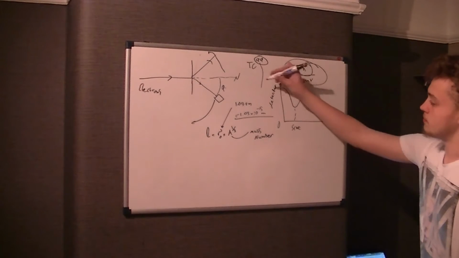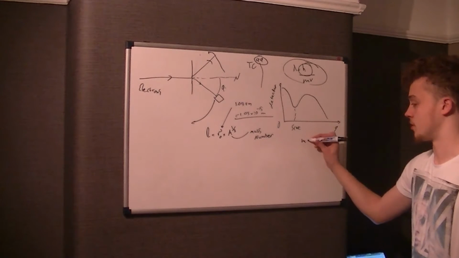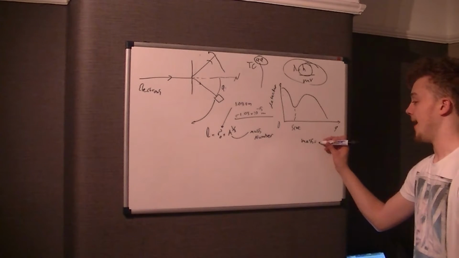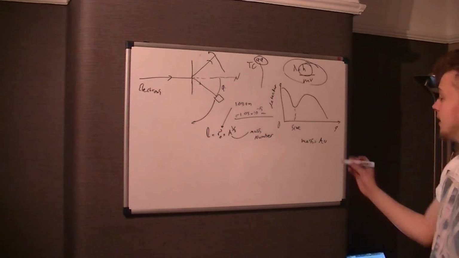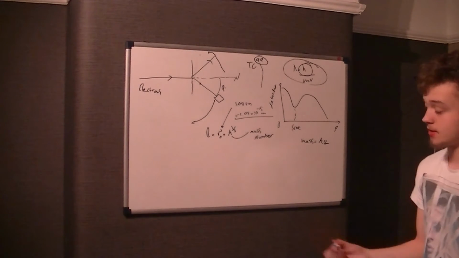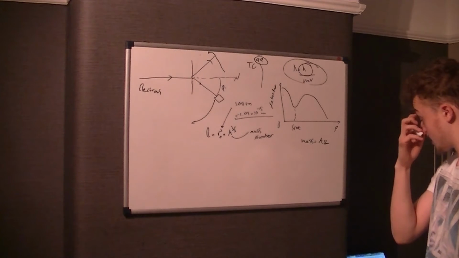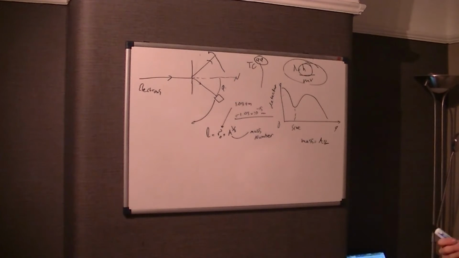When we want to work out the mass of the substance, the raw mass is equal to AU, where A is the atomic mass number, and this U represents the atomic mass unit, which is a 12th of the mass of a carbon atom. The atomic mass number of carbon is 12, so if you work out the mass, that's 12 times a 12th of the mass of carbon, which gets you the mass of carbon. You just apply that because it's quite a common element, really.